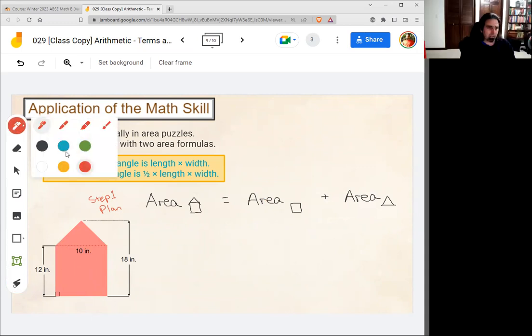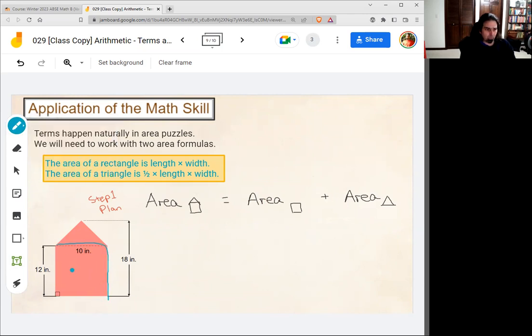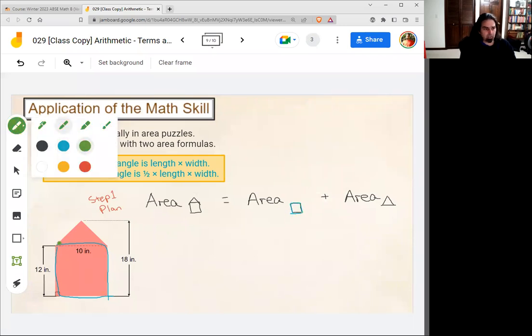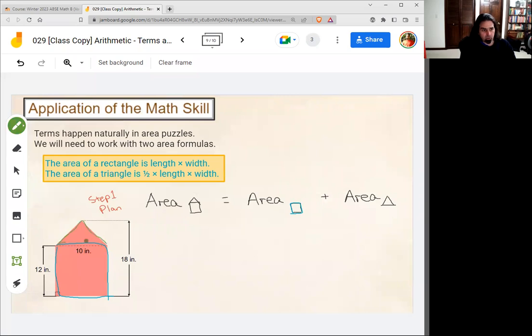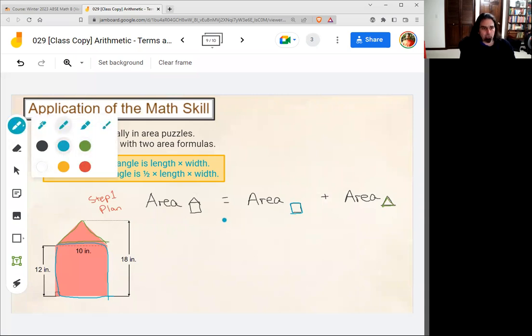Now I'm going to say I need some colors. Let's make this a blue square. And let's make this a green triangle. So that my next step, I want to take my plan and put in the formulas.